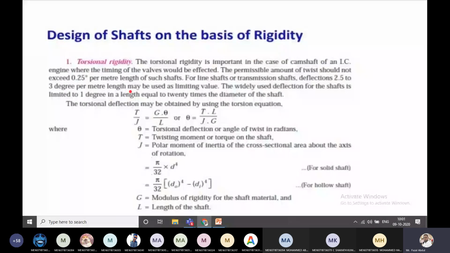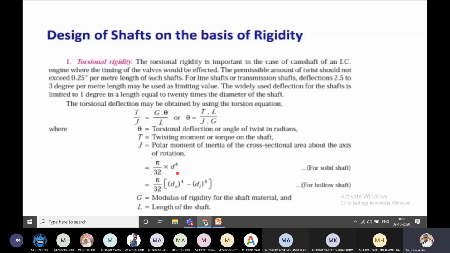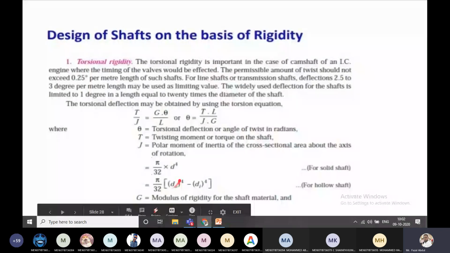For a shaft, J is pi by 32 d to the power 4 for solid, and for hollow it is based on the outer diameter d naught and inner diameter. G is the modulus of rigidity of the material, and L is the total length of the shaft. So the torsional rigidity equation is theta equals T L by J G. With this relation we can calculate the torsional rigidity.